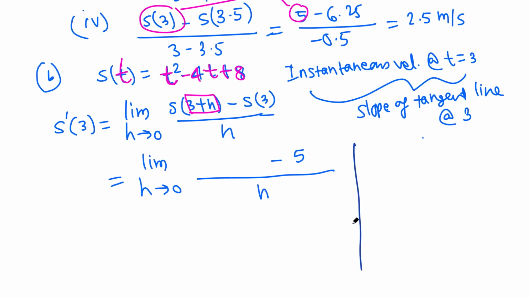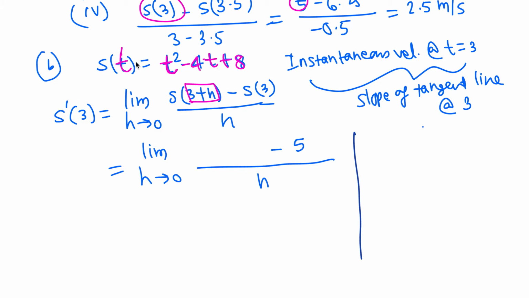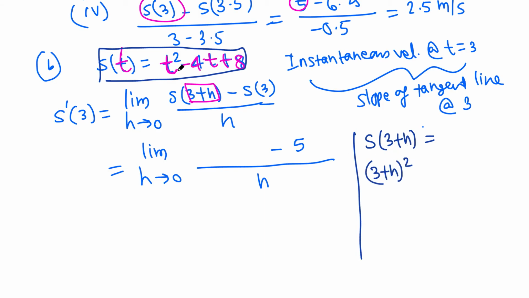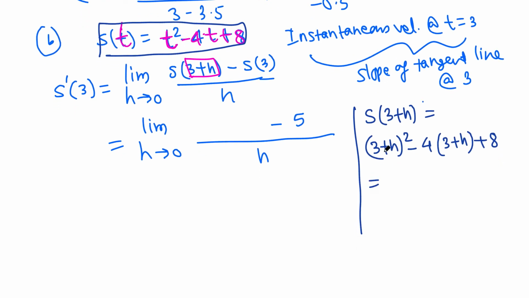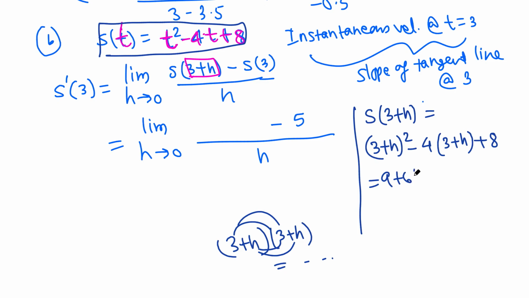It's a lot of algebra. s(3 plus h) is (3 plus h) squared minus 4 times (3 plus h) plus 8. Let's simplify. (3 plus h) squared is (3 plus h) times itself, which comes out to be 9 plus 6h plus h squared.